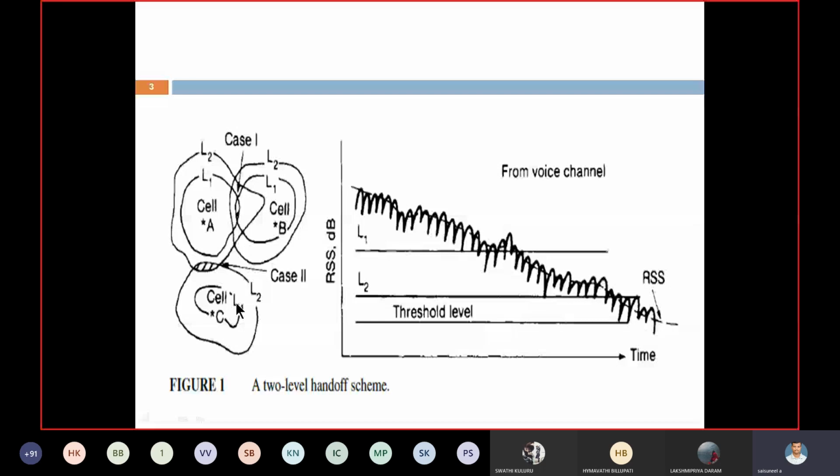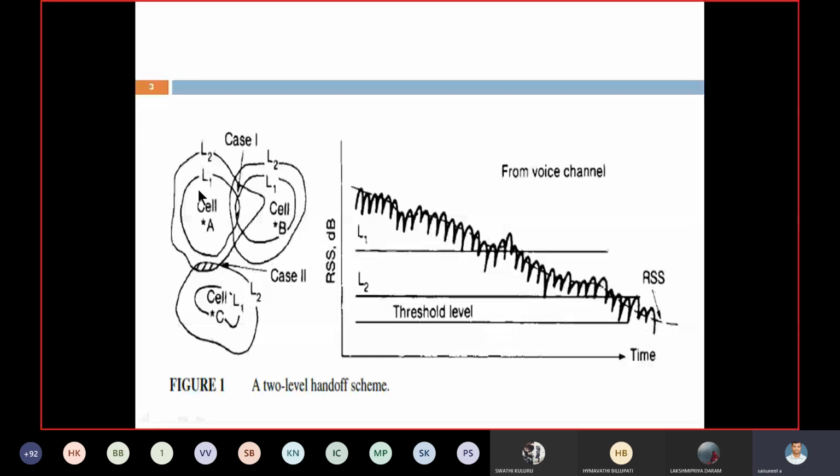We take levels L1 and L2 as threshold levels. Level 1 and level 2 are divided based on this algorithm. Whenever the mobile unit reaches L1, the signal strength decreases. Whenever the mobile reaches level 2, the signal strength decreases further.